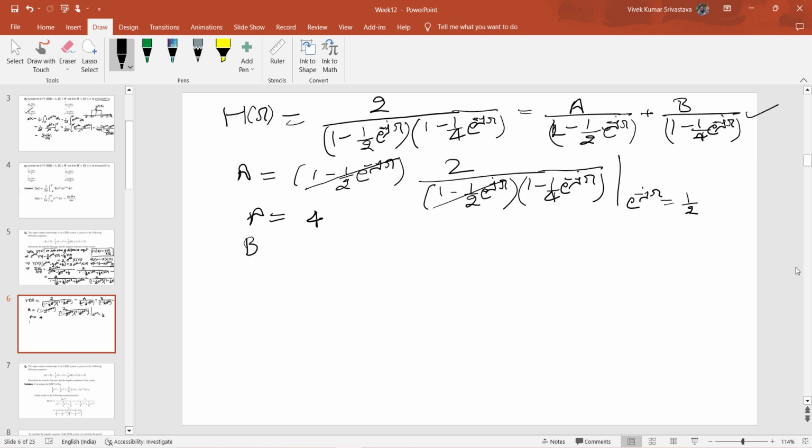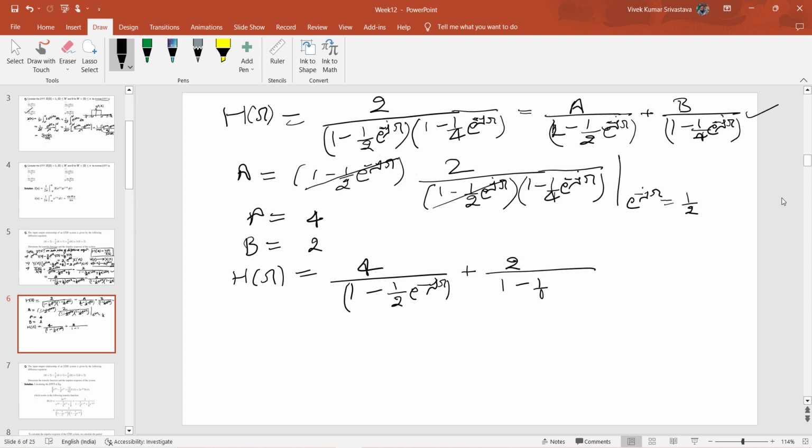Similarly you can determine the value of b for this coefficient. Once you determine, you will get the value of b as 2. So now h of omega we can write as 4 over 1 minus 1 by 2 e raised to the power minus j rho plus 2 over 1 minus 1 by 4 e raised to the power minus j rho.